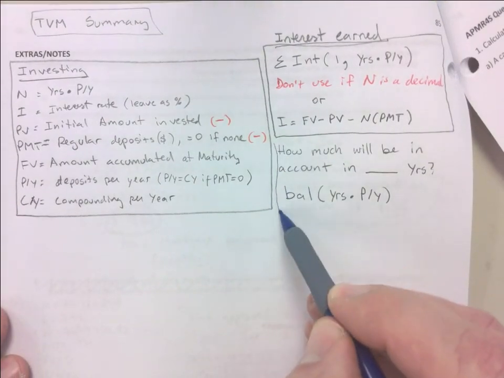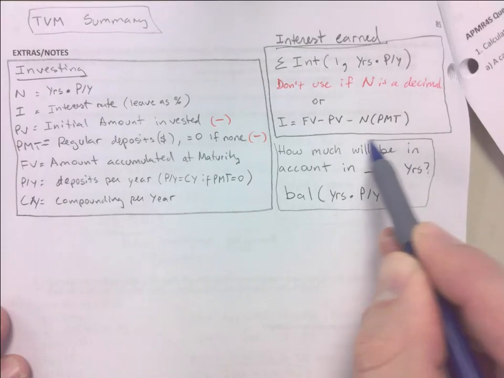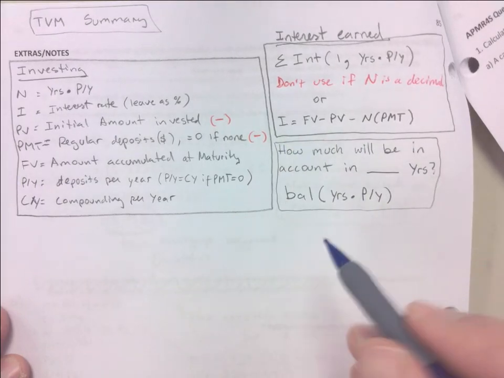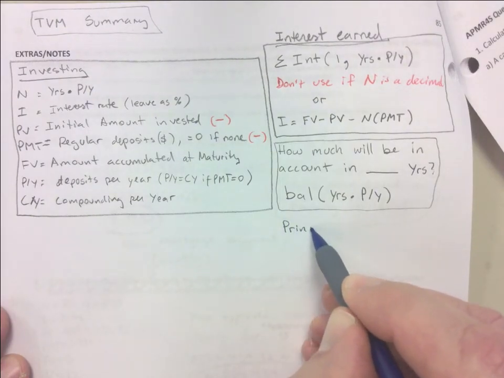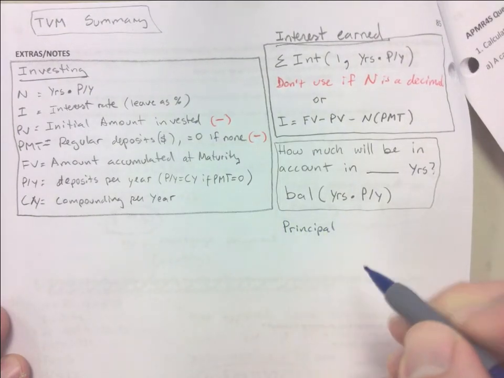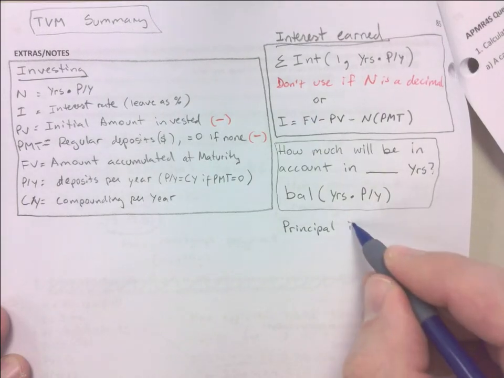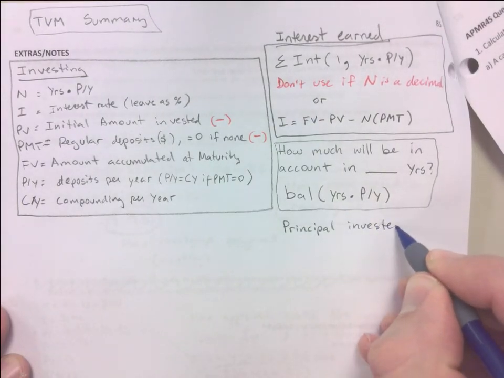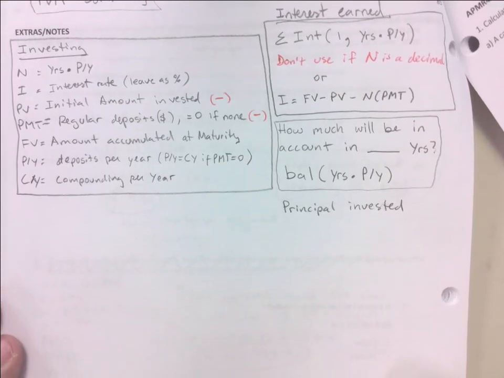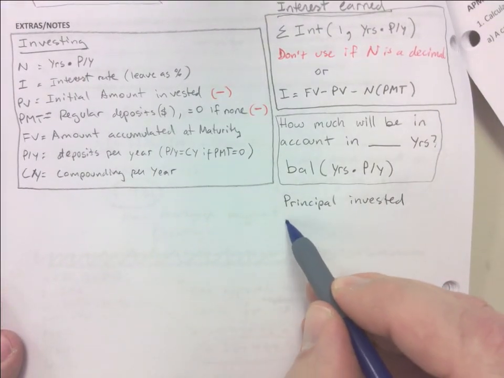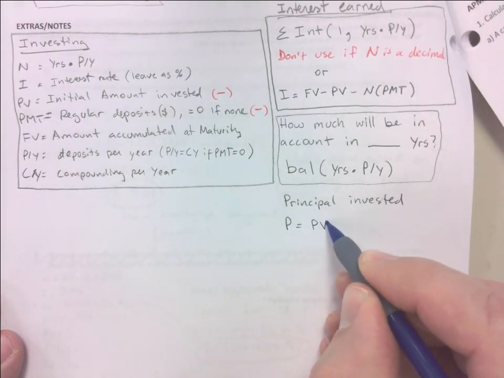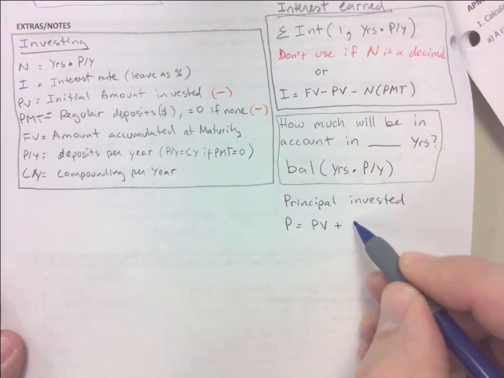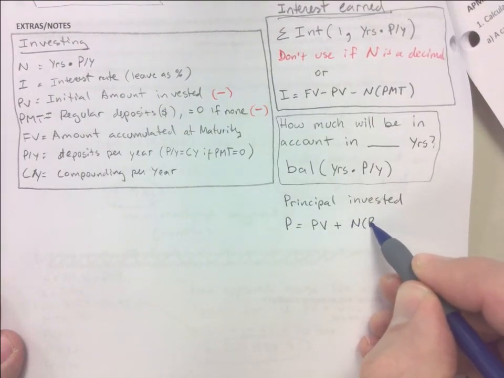That's another box. Principal invested. We go P is equal to present value plus N times PMT.